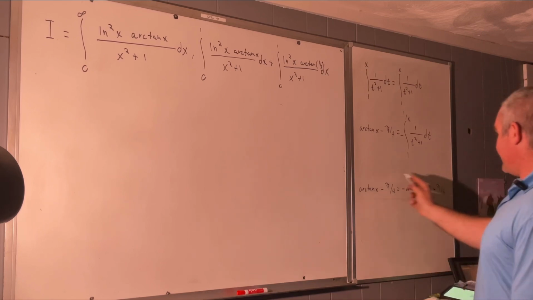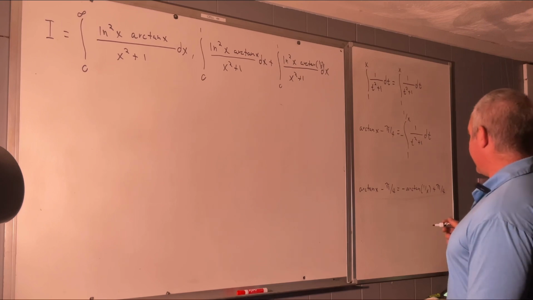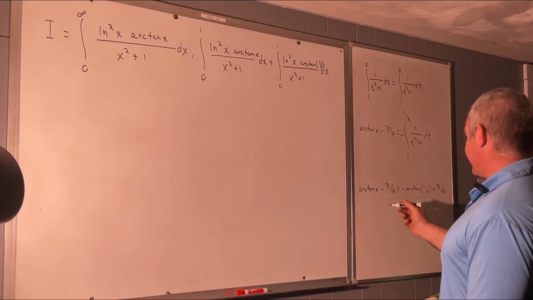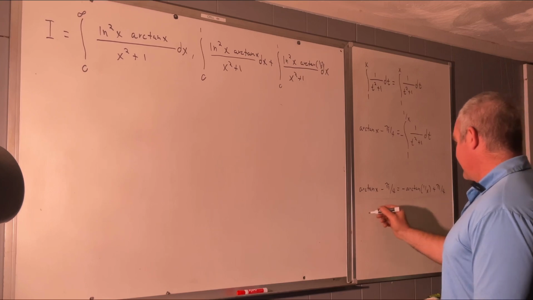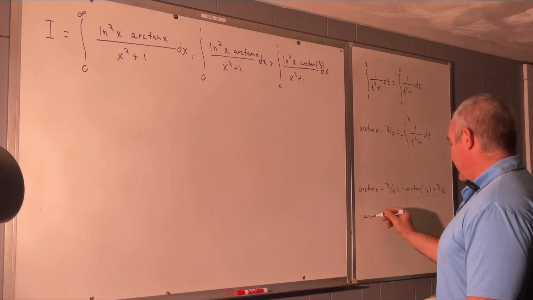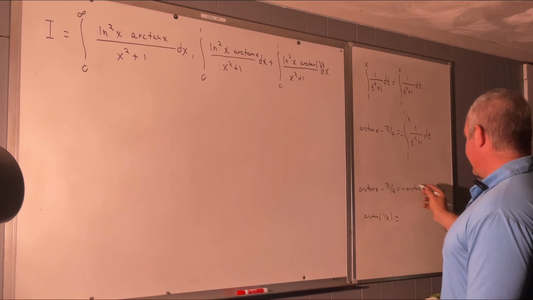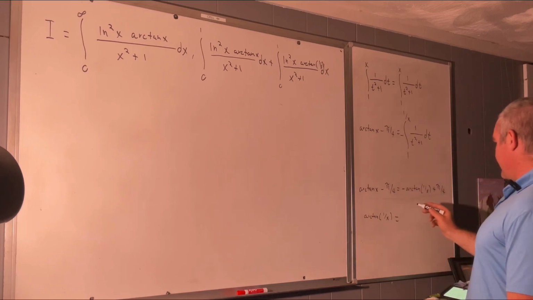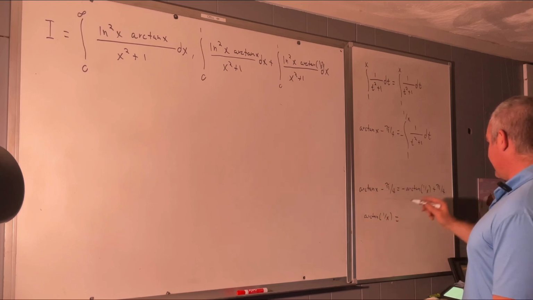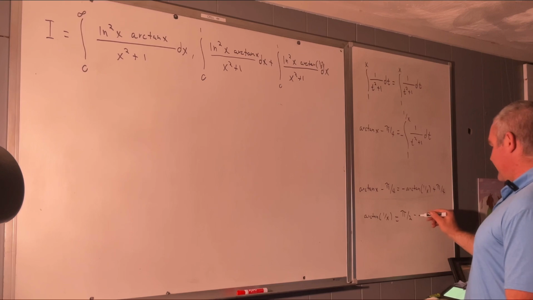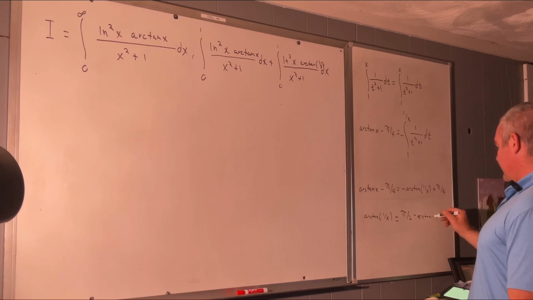That's basically our identity right here. But what we really want to say is that arctangent of 1 over x is equal to, let's see, bring that to that side, bring this to that side. It's going to be pi over 2 minus arctangent x.